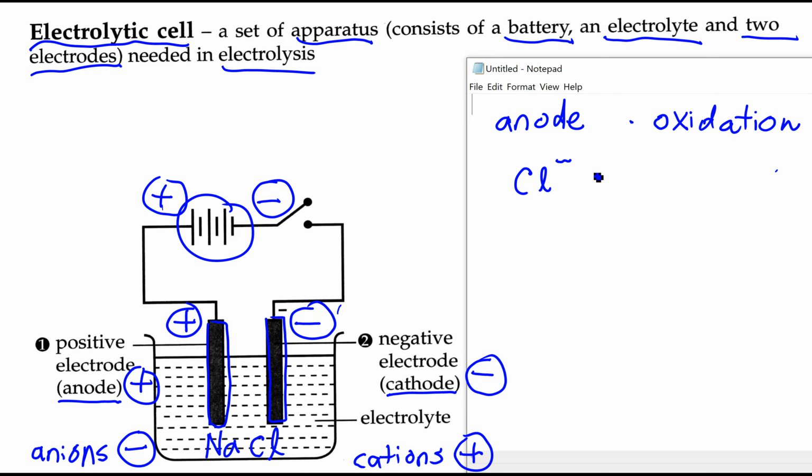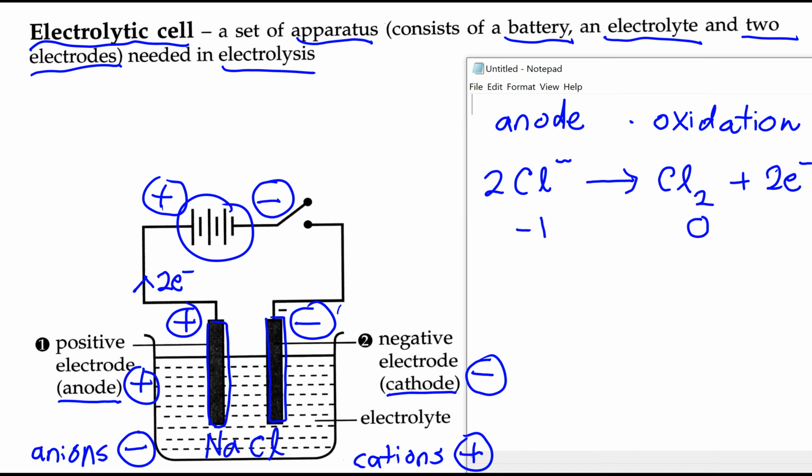During the electrolysis, it will return to its original state as a chlorine molecule. And doing so, it will give up 2 electrons to the battery. Now notice the chloride charge increases from -1 to 0. Hence, it is an oxidation.